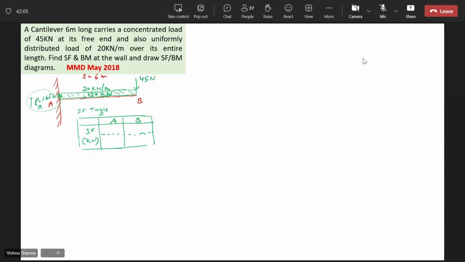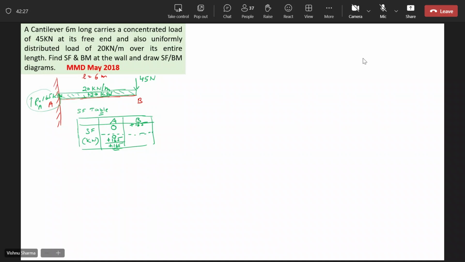To the left of A, the shearing force will be 0. When I come to just right of A, plus 165 comes into picture like the beam, and you have this shearing force. I carry forward plus 165.